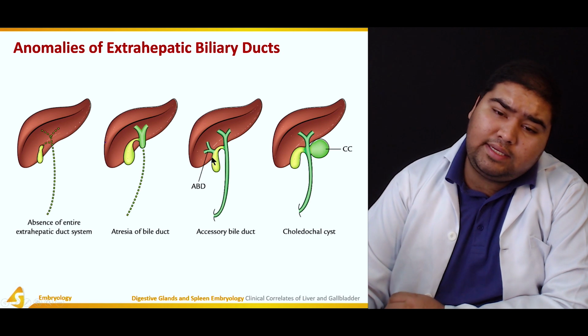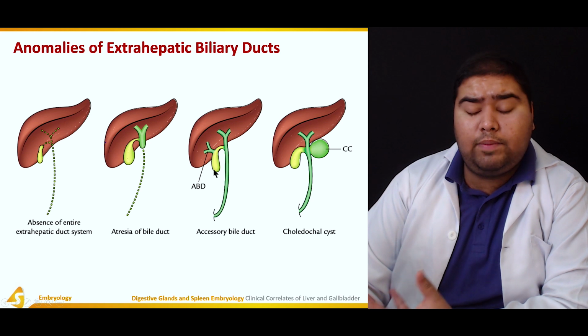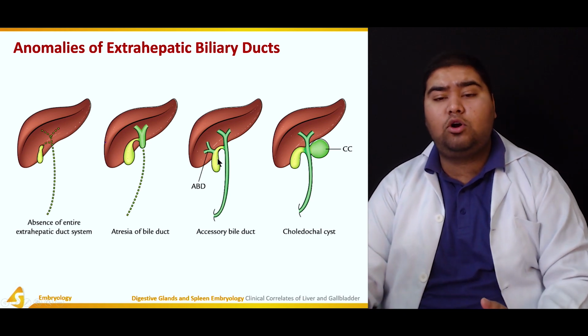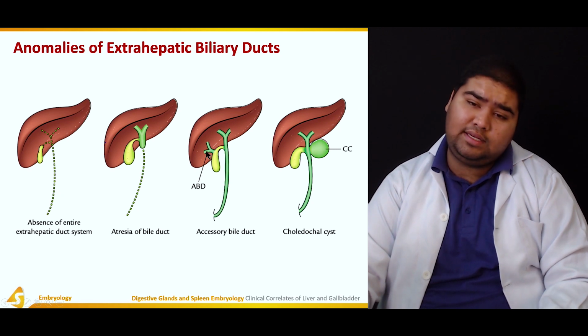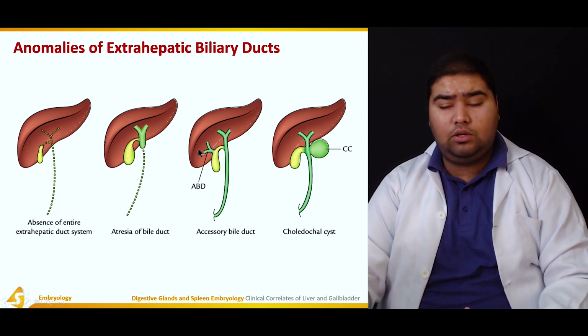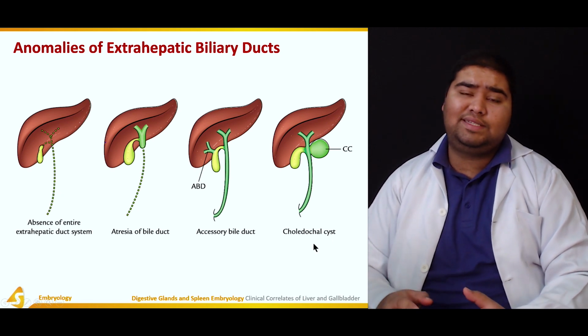Now we can also have accessory bile duct. In accessory bile duct, the bile from the gallbladder may drain not only through the cystic duct but also through the accessory duct into a lobe of liver. And then we can have choledochal cyst.